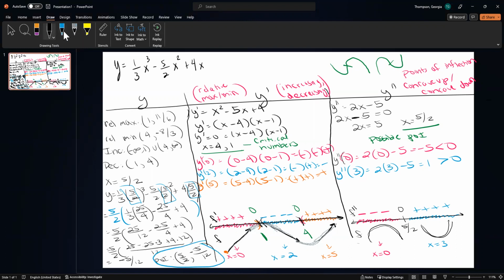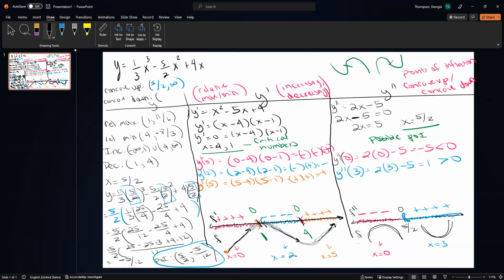And our concave up, concave down intervals. If we do concave up here, it's going to be on this interval starting at 5 halves and going up forever, to infinity. And our concave down, sorry, I'm running out of room here.